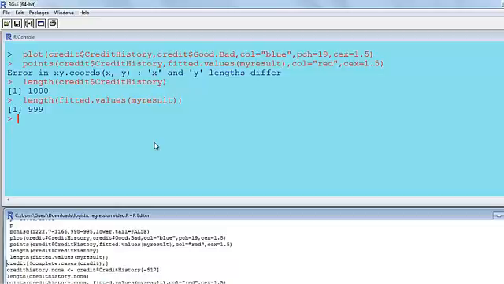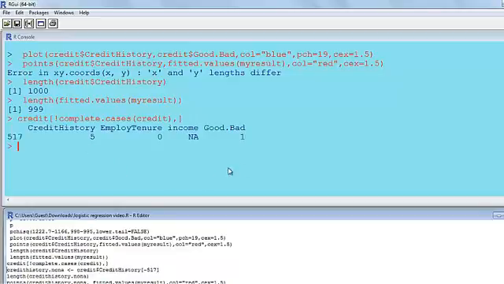Now why is this difference appearing? Because there is a missing value in my data. So while modeling, the GLM command is omitting that observation while fitting the model. An observation where a missing value appears, GLM does not take that particular row into account. So let's take a look at which row has the missing value. To know which row has a missing value, I'm using the complete.cases command.